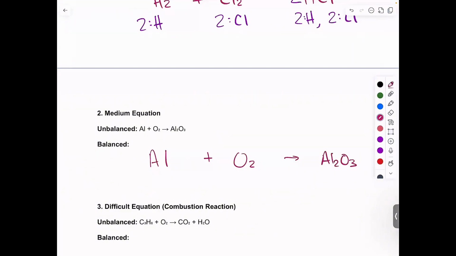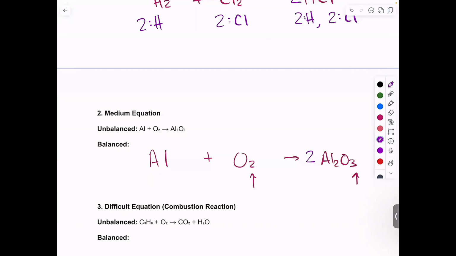So I recognize that on the right-hand side, I do have 2 aluminum and 3 oxygen. There's definitely a disparity here, right? But typically when you even them out by putting a 2 in front, that'll make life a lot easier. Both elements are out of balance here.